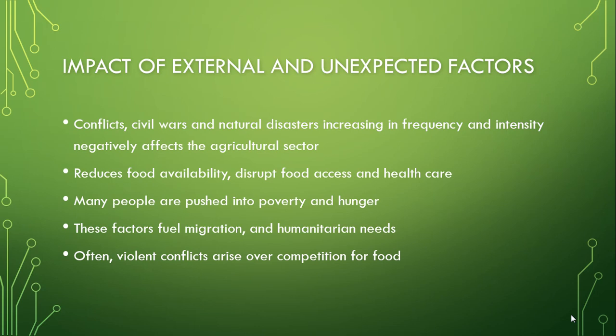Many people will often be pushed into poverty and hunger, and these factors can fuel migration and major humanitarian needs. For example, we have this very situation occurring in places like Syria right now, where the United Nations has already identified these areas as being in humanitarian crisis, not only in terms of food, but in terms of medical care, etc.